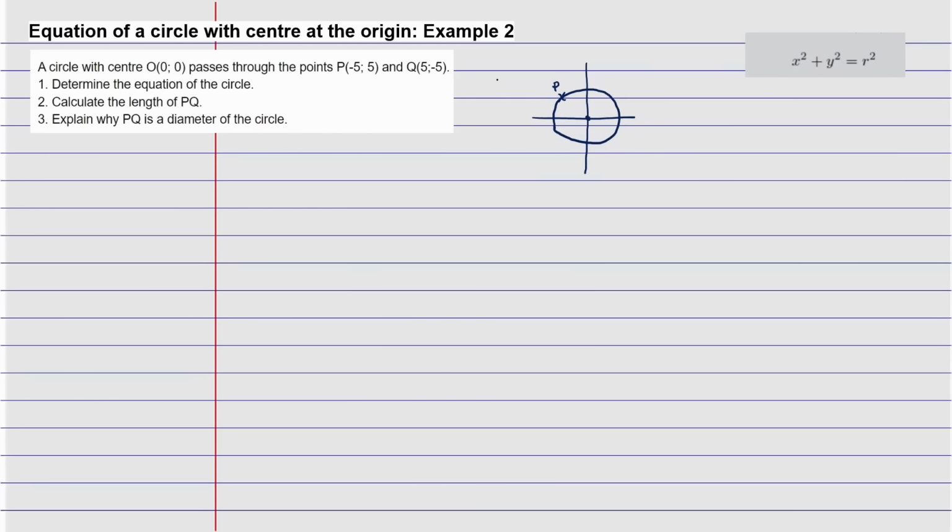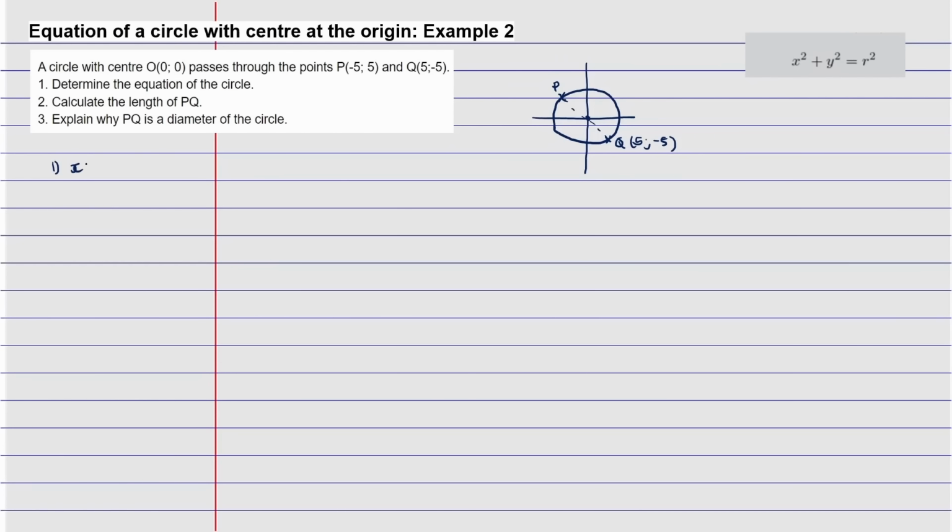Then Q has the same coordinates reflected on the other side, so Q would be here, which is 5 and negative 5.